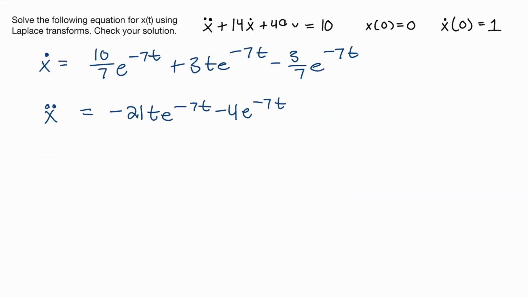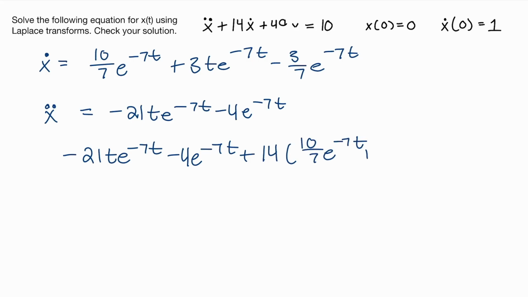So now that we have x dot and x double dot, we just need to sub them into the original equation. So we have negative 21t e to the negative 7t minus 4e to the negative 7t plus 14, 10 over 7 e to the negative 7t plus 3t e to the negative 7t minus 3e to the negative 7t.